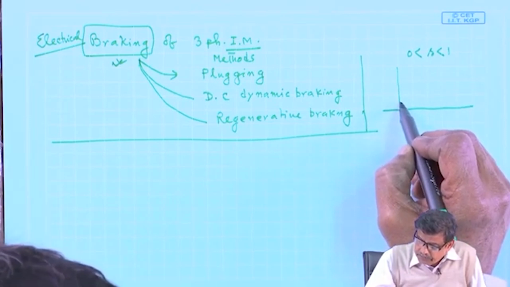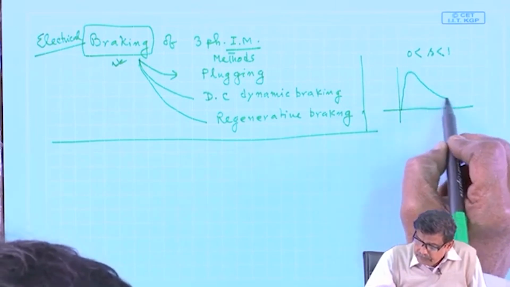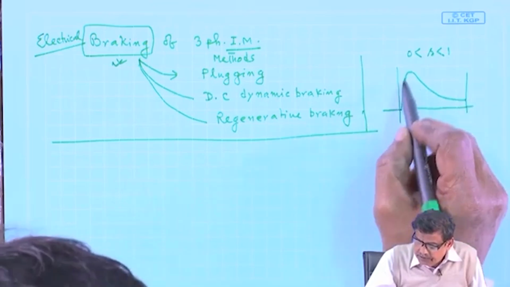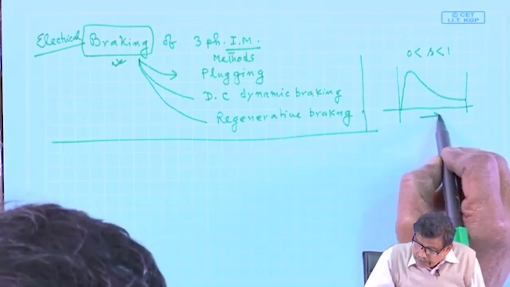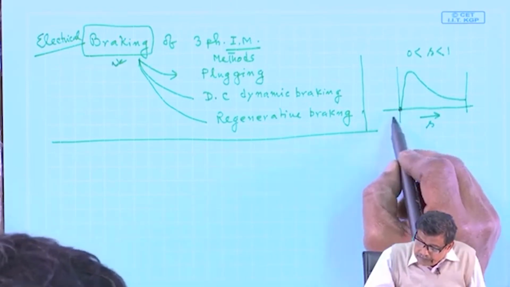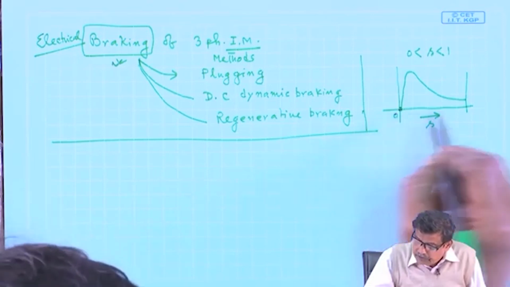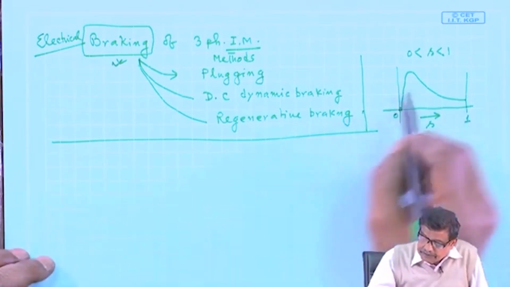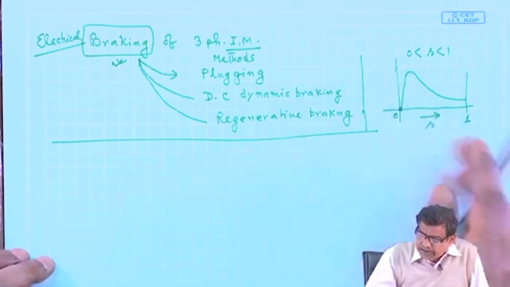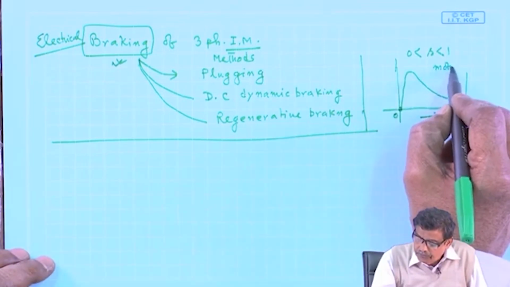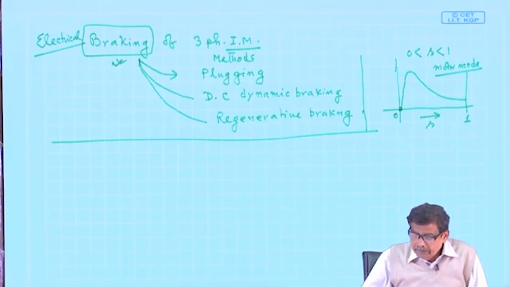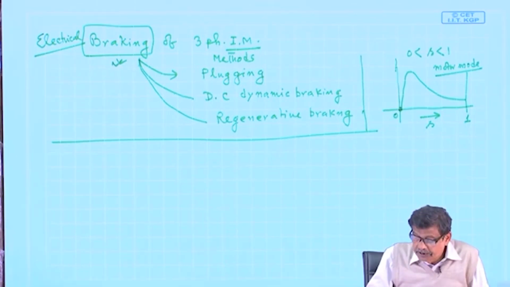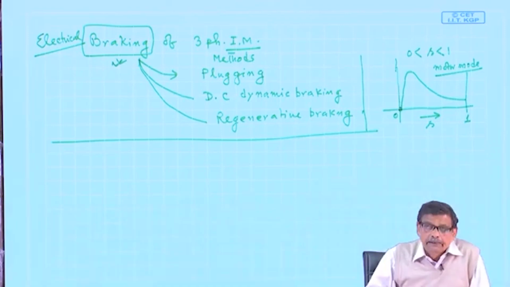Whichever way you draw it, I think you are now habituated; either way, this is slip, and this is 0 slip, synchronous speed. This is the torque slip characteristic, and I told you this is the motor mode. A machine is operating as a motor if slip is positive.